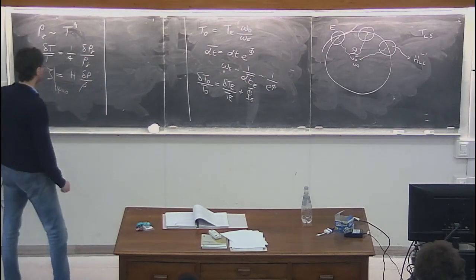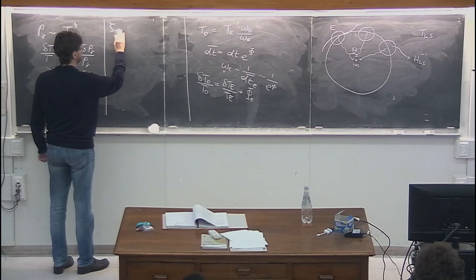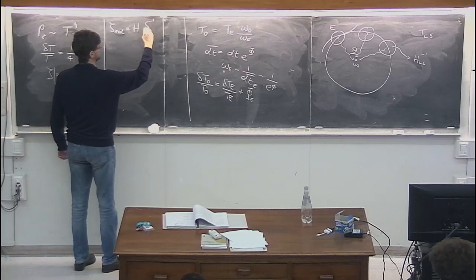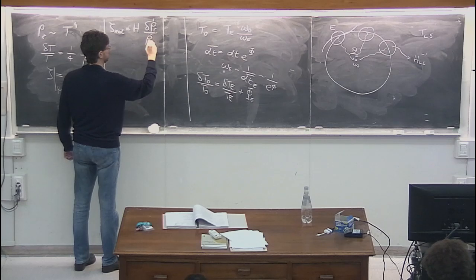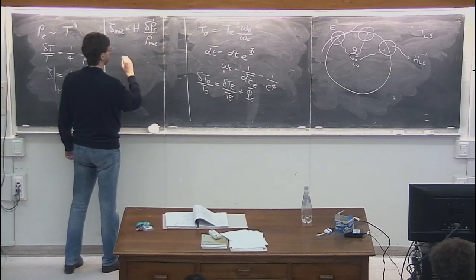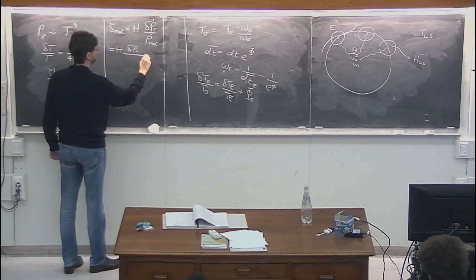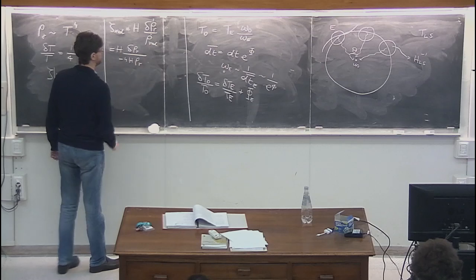So what is zeta during the radiation phase? During the radiation phase, it is equal to H delta rho radiation divided by rho dot radiation. But this is equal to H delta rho radiation divided by minus 4H rho radiation. Right?